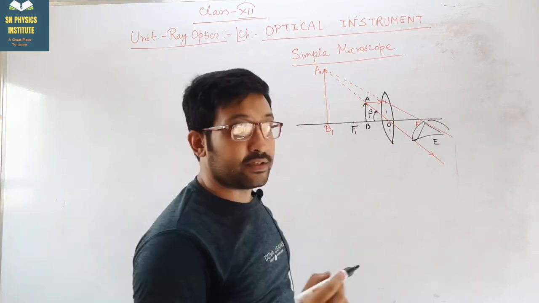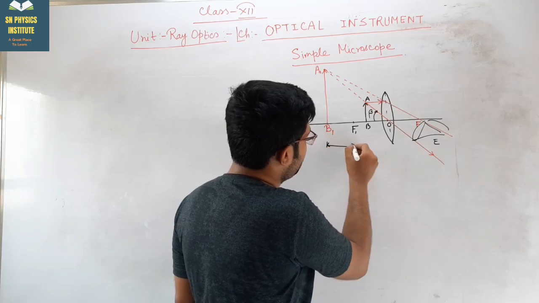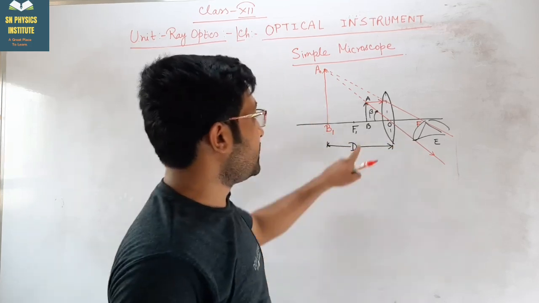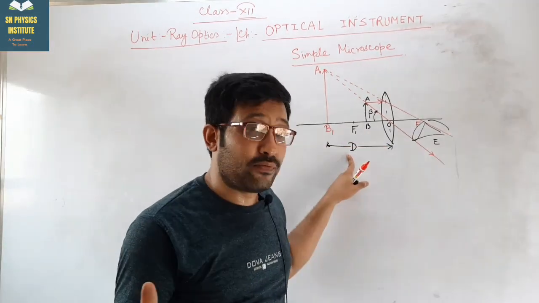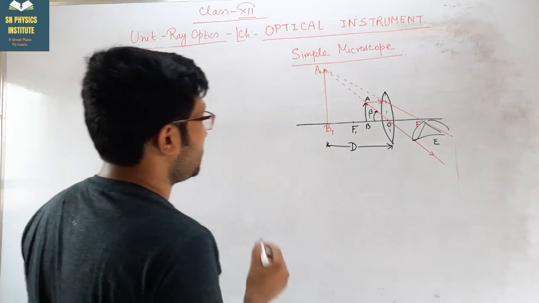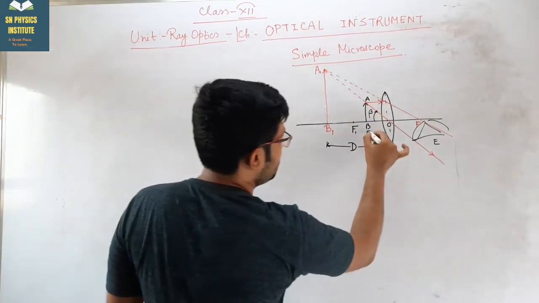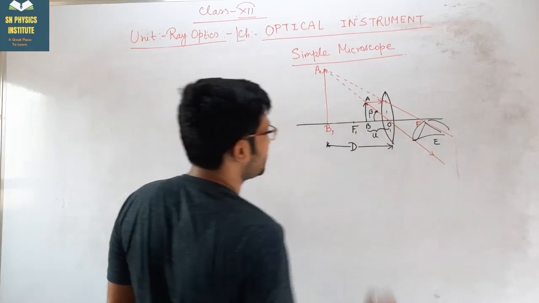I am considering this image is formed at the least distance of distinct vision, that is 25 centimeter. And this object distance, I am writing as u.